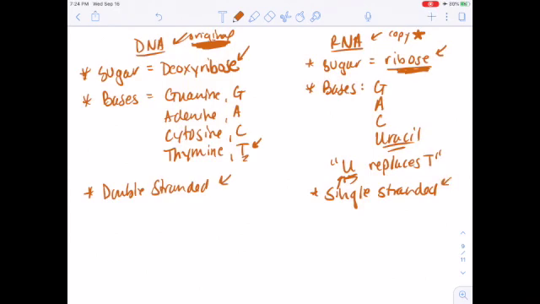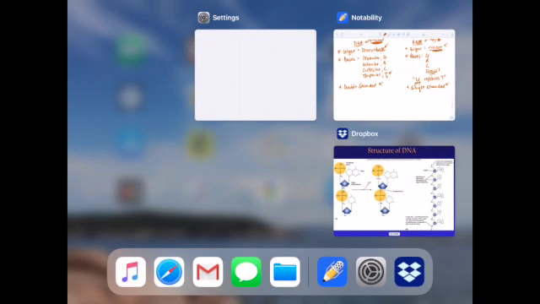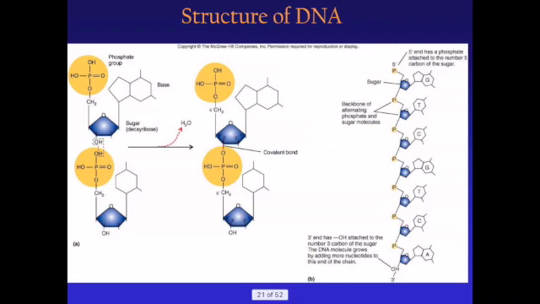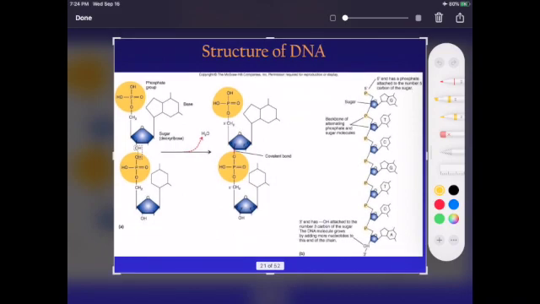Now, to show you a little bit about the strands of DNA, I want to go back to that photo here. So if we're looking at the strand on the right-hand side here, it'll just be easier if I take another screenshot. Notice way up here on the right, I'd rather use the red pen.